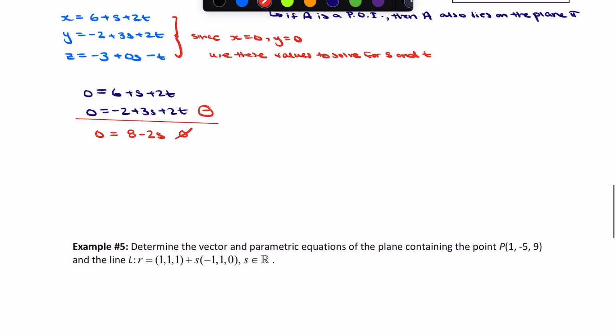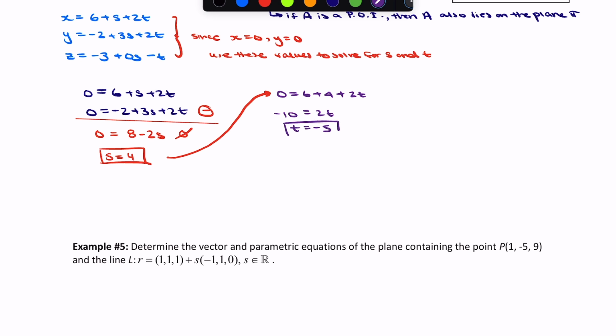Our two t's will cancel out, and here we get s is equal to 4. Now we can sub that back into our equation. We have 0 is equal to 6 plus 4 plus 2t. So we get negative 10 is equal to 2t, and t is equal to negative 5.